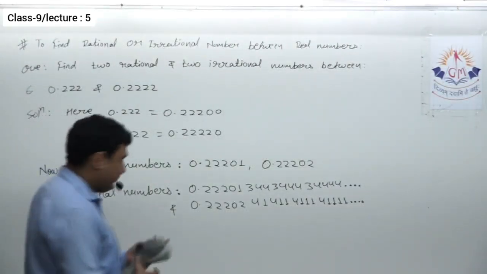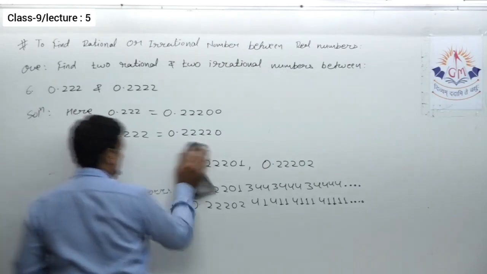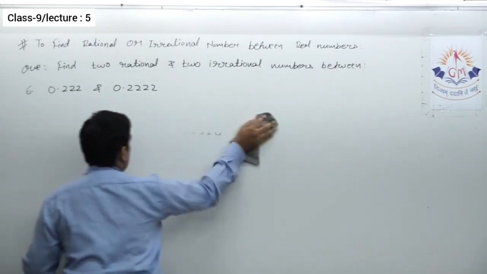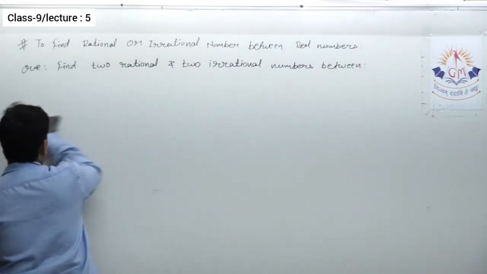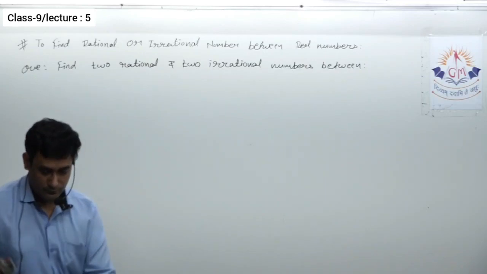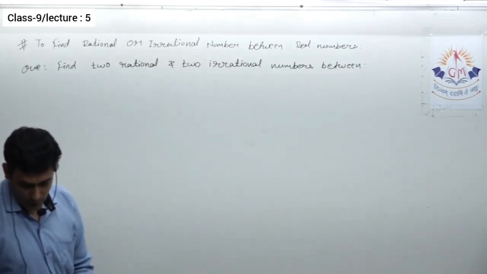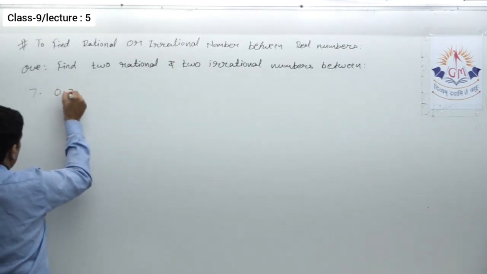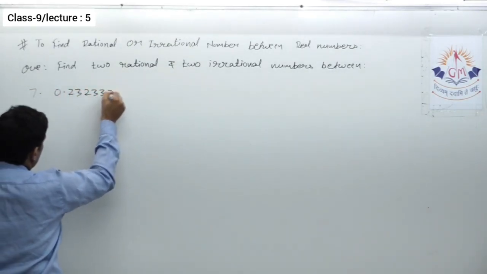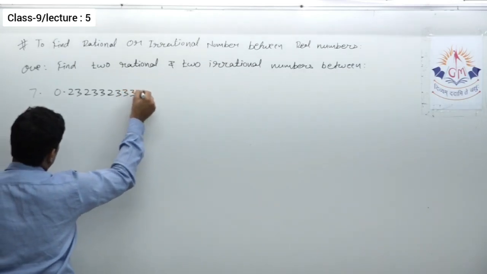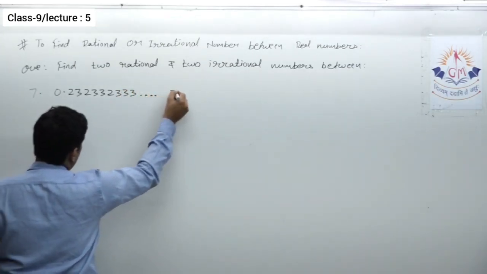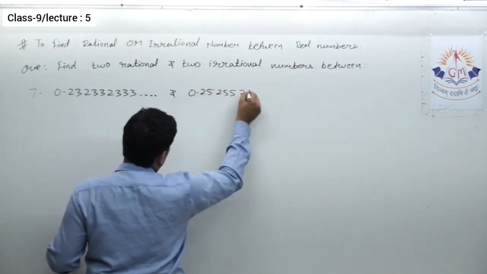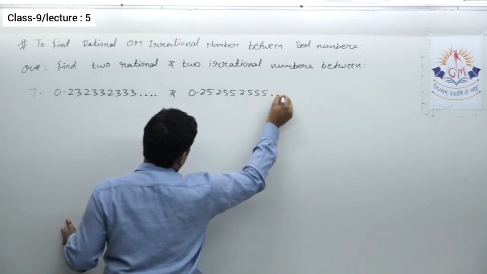Okay, next is 0.23, 2 33, 2 triple 3, and so on, and 0.25, 2 double 5, 2 triple 5, and so on.